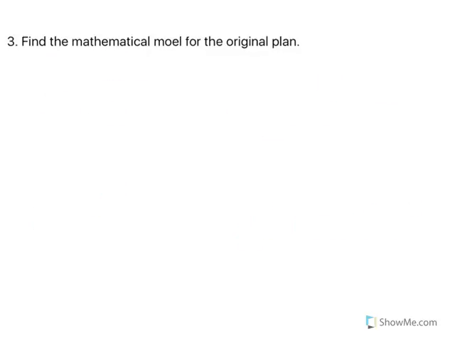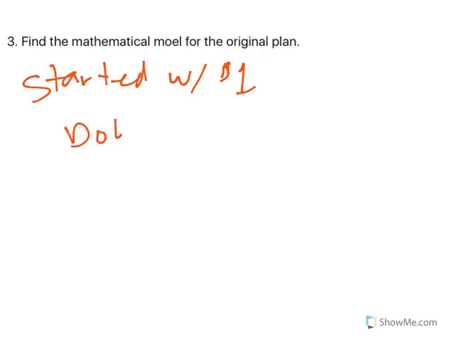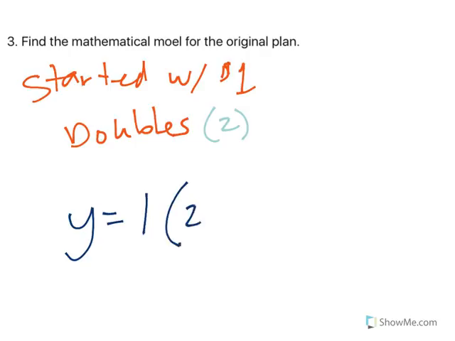So let's find the mathematical model for the original plan. Well, we started in the original plan with $1. Then it doubled. So if it doubles, that means our growth factor is 2. So our formula, y equals initial amount times the growth factor raised to the time period.